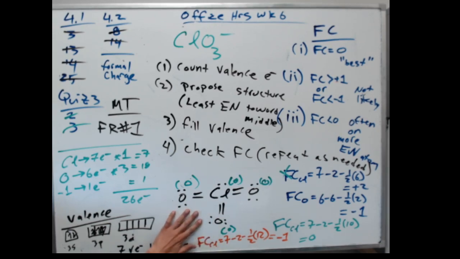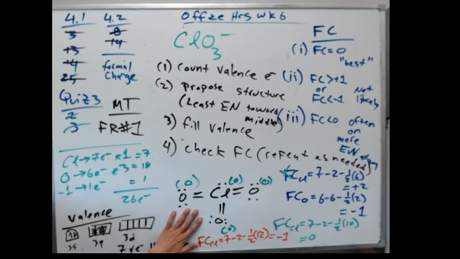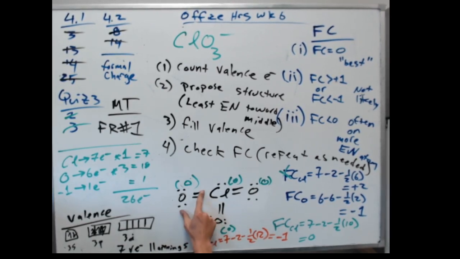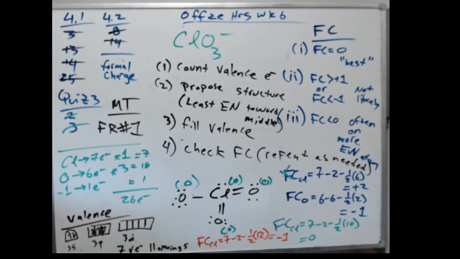So chlorate probably exists in the natural world like this some of the time if we heat it up a little bit or electrify it, give it some energy. But generally, oxygen being more electronegative, it's more likely to be like that, where this oxygen ends up with the -1 instead of the chlorine ending up with the -1. So not unreasonable, but probably not the lowest, most stable.